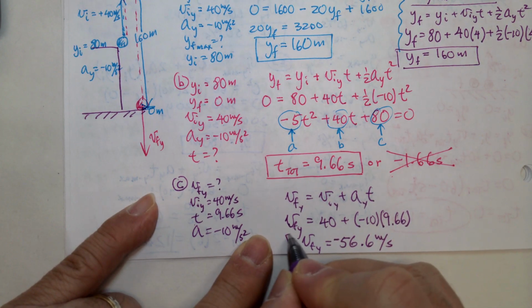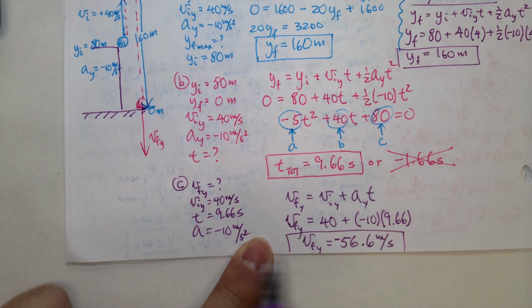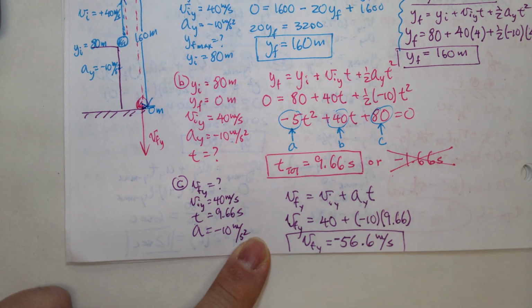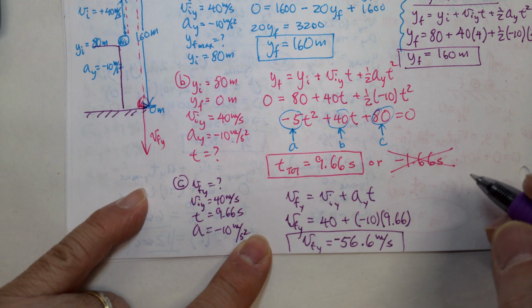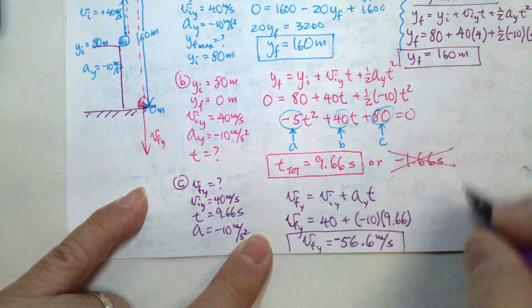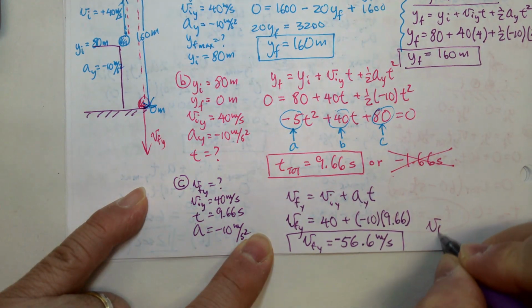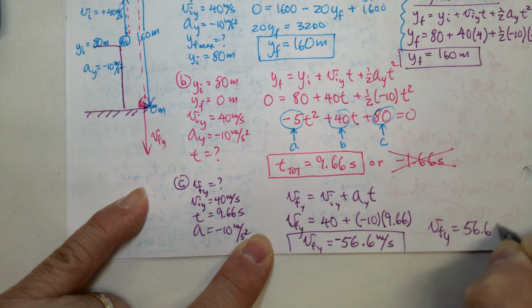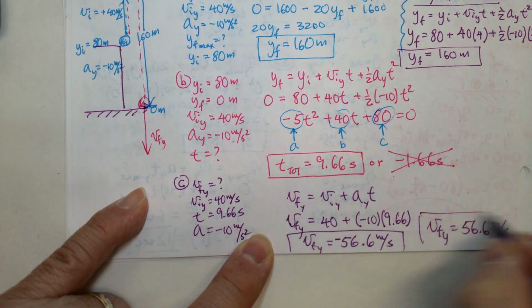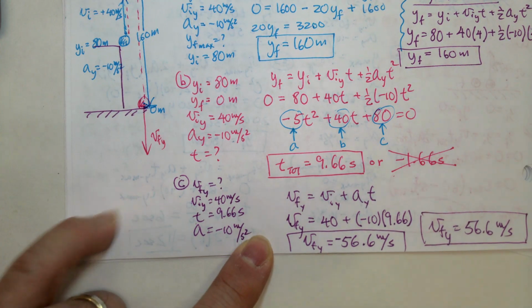Well, that's the velocity, because it's going down, it is negative. However, since they want the speed of this ball, your final speed in the y direction is basically 56.6 meters per second. Speed is always positive.